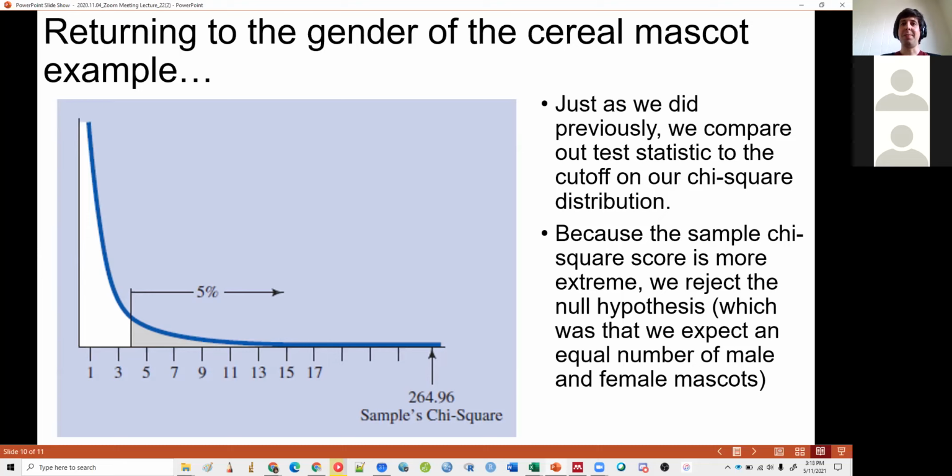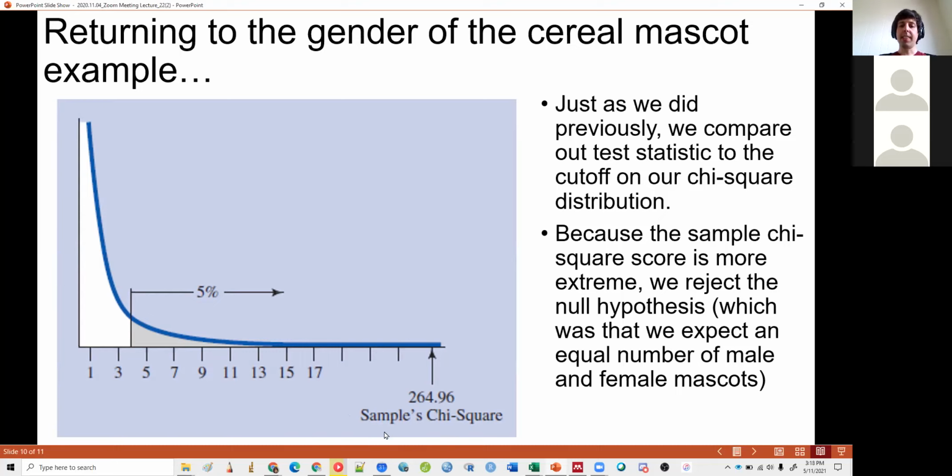And you might think, well, this is very strange in light of the other statistical tests we've done previously, where even a very, very extreme difference between 2 groups in an independent samples t-test problem would not result in a sample t-score that's so far away from the cutoff. It just has never been this extreme.